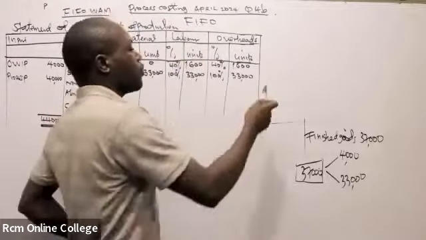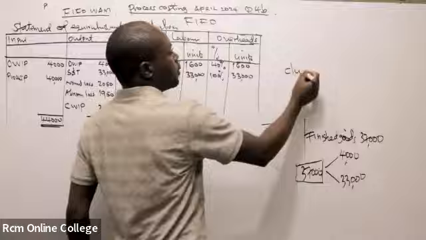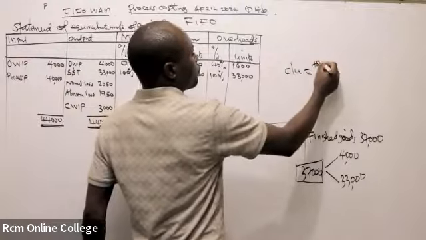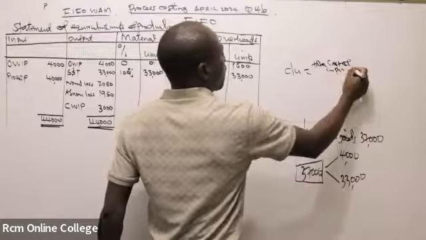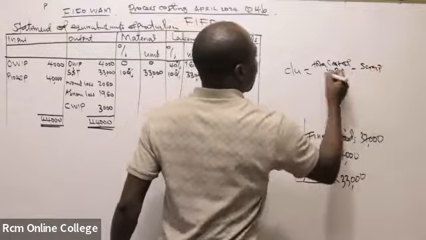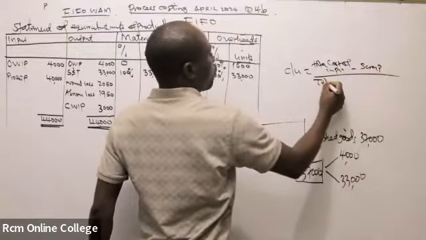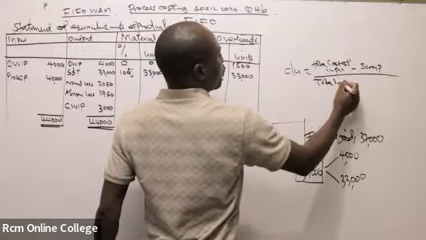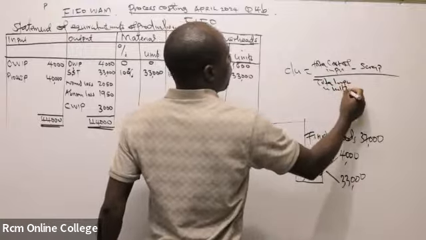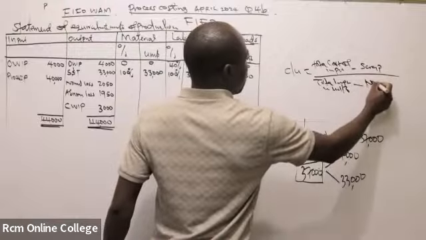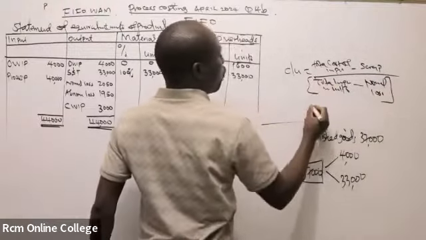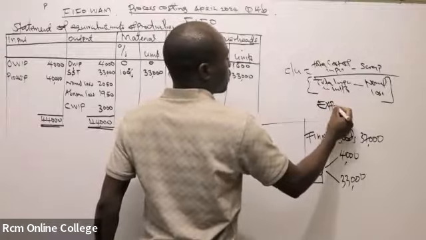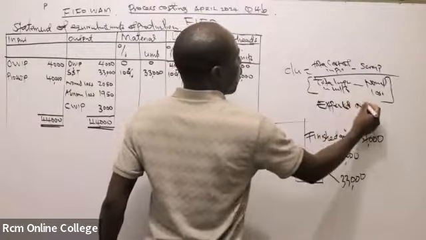Our cost per unit on Tuesday, we said, is equal to total cost of input minus scrap value over total input in units minus normal loss. This one here is also called expected output.